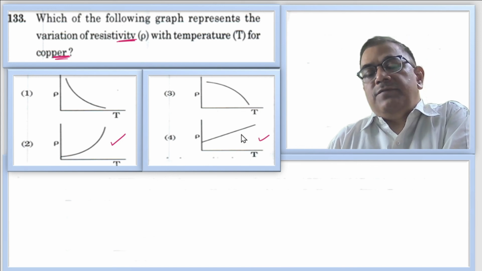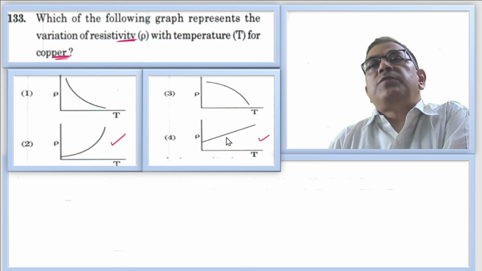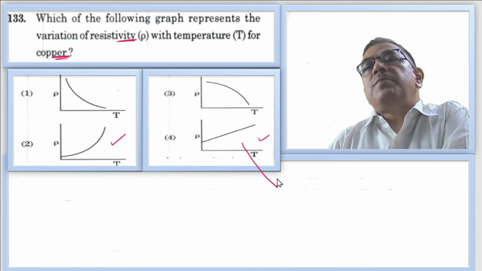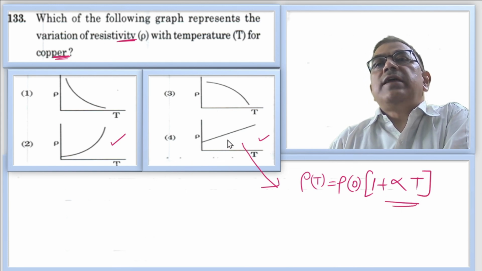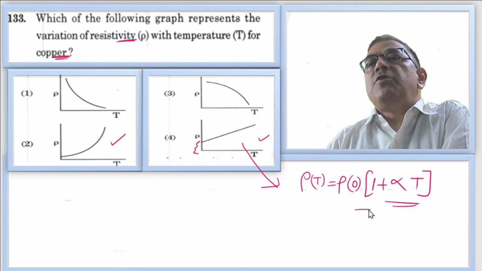And if we choose T to be a small range, then this is perfectly okay, and you have been using it: rho at temperature T is equal to rho at temperature 0 times (1 + alpha T). Is it okay? So this is a perfectly straight line having some intercept which can be obtained right from here.